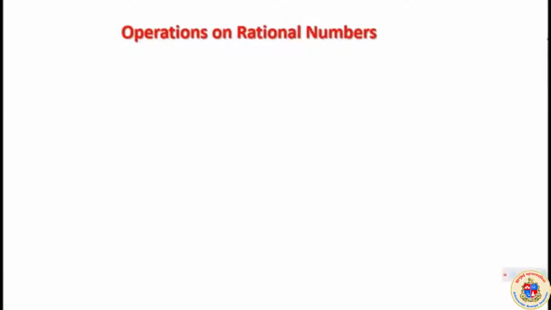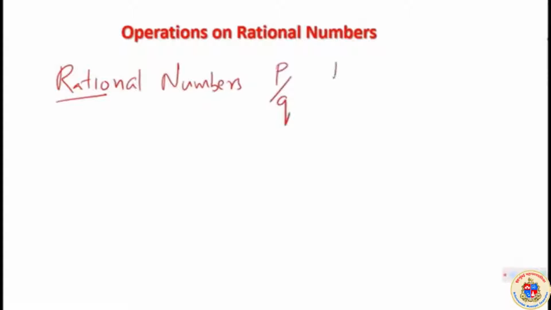Before that, let me ask you to remember what are rational numbers. Rational numbers start with the word ratio, and those numbers which can be represented in the form of P upon Q, that is the definition, just like 1 upon 2. So what are the other numbers you have studied?